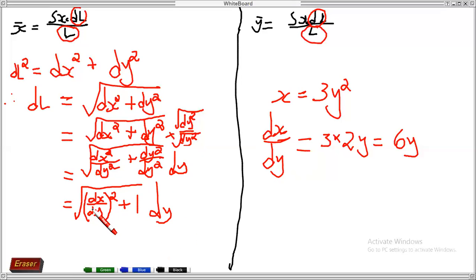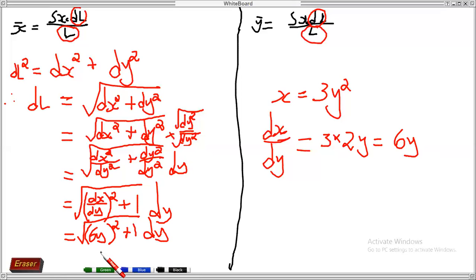Okay. And then once you have that, inside here you can substitute 6y. Square root of 6y squared plus 1, like that, dy.